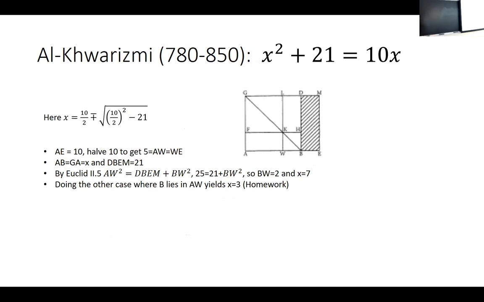So let's have a look at the main guy, Al-Khwarizmi. Remember, he's sort of the person that started all this. So we're talking early 9th century. And let's have a look at the equation x squared plus 21 equals 10x. Now, the way that he proved stuff was there are no formulas, right?